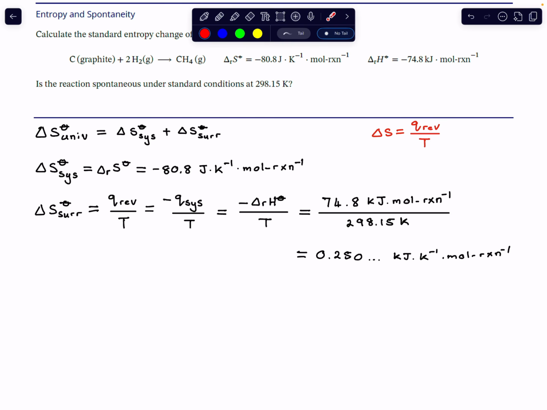We of course have to sum these two things, so we can put them in the same units. We multiply this by 1000 to get it into joule. So this becomes 250 joule per Kelvin per mole reaction.